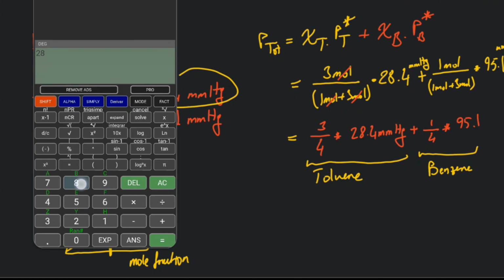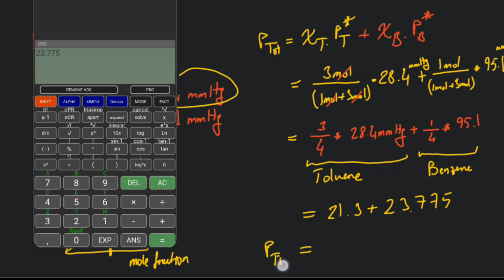I want to calculate these two numbers. 28.4 times 3 over 4 is 21.3. 1 over 4 times 95.1 equals 23.775.